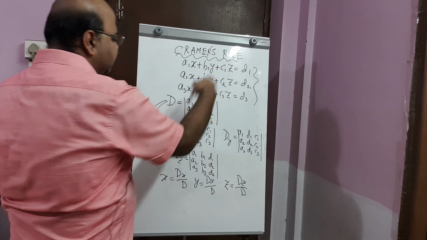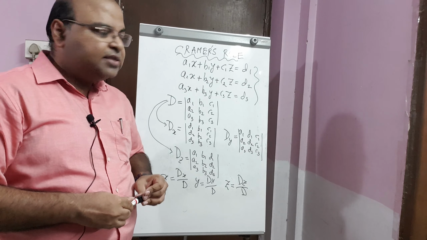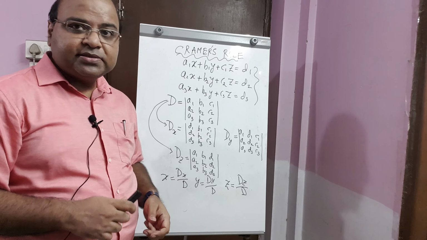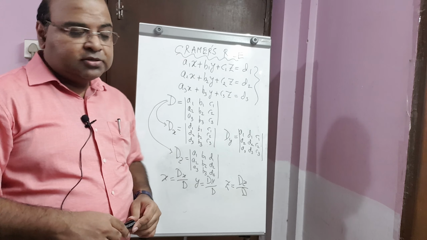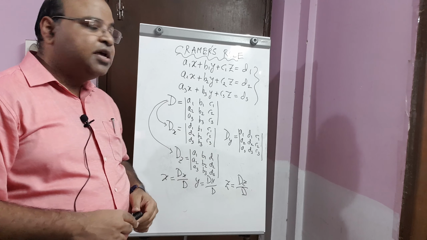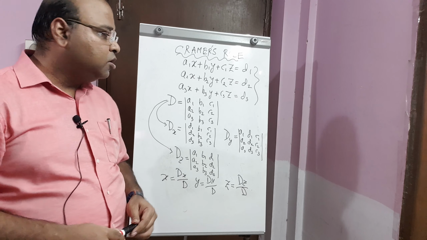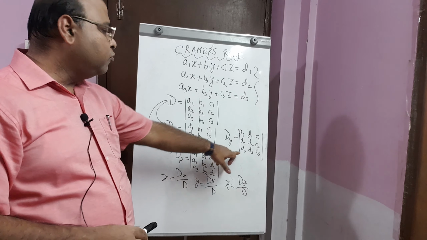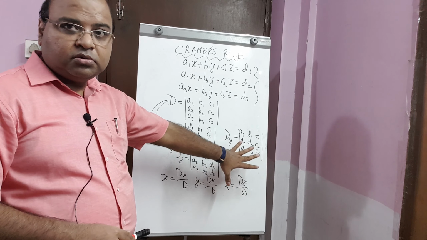We can also extend this for a system containing 4 variables and 5 variables likewise. But for a system containing more than 3 variables, Cramer's rule will be a little bit laborious. Instead, there are other methods like Gauss-Jordan method or the matrix method, which will be much more useful, because for the expansion of determinants of fourth order we have to apply the Laplace expansion, which is also tedious.